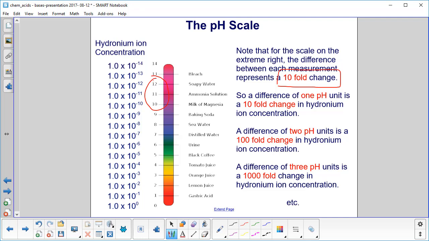A difference of 2 pH units like you have here, that means you have a 100-fold change in hydronium. If you're 3 pH units different, that's a 1,000-fold change in hydronium ion concentration. So what's happening here, I'll draw it here, 10, 3, right? If you have pH differences 3, your concentration is 10 to the third or 1,000 times different.